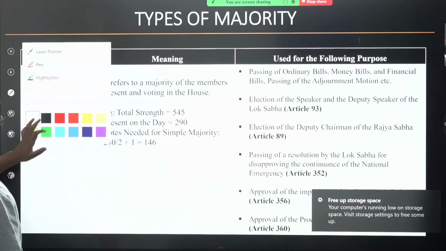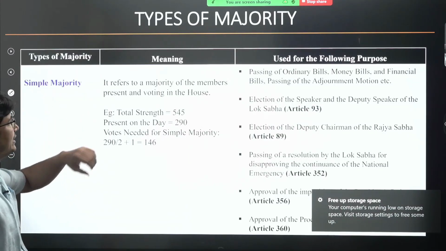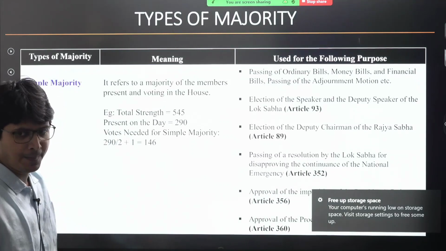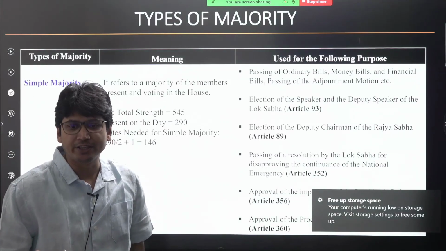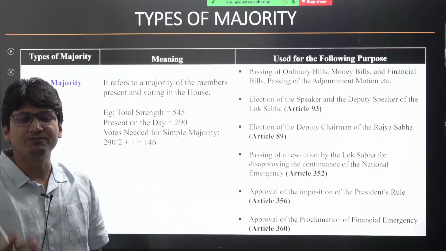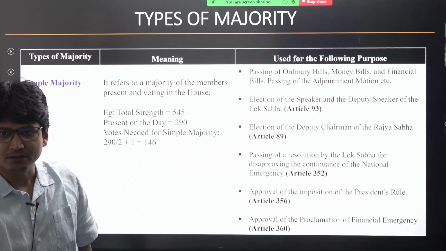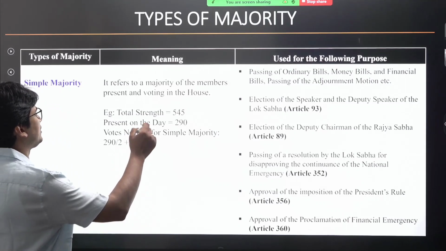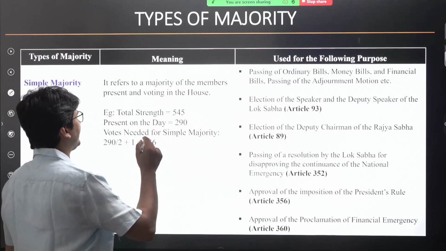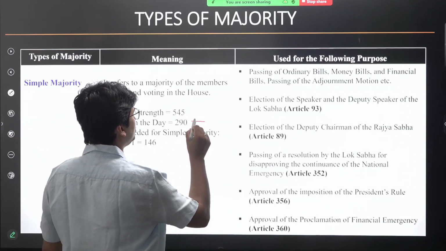So first is the simple majority. It refers to a majority of the members of the house present and voting. This type of majority we need to understand on the basis of an example. For example, the total strength of Lok Sabha is 545. Let's say on a given day, the number of members present is 290.